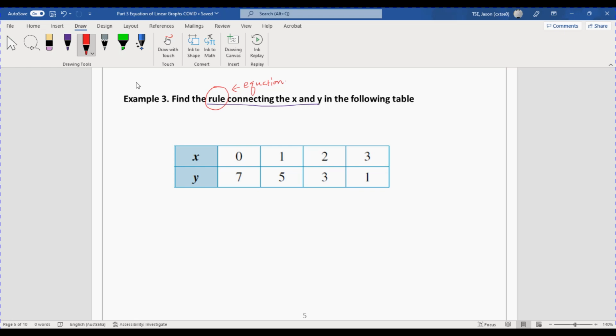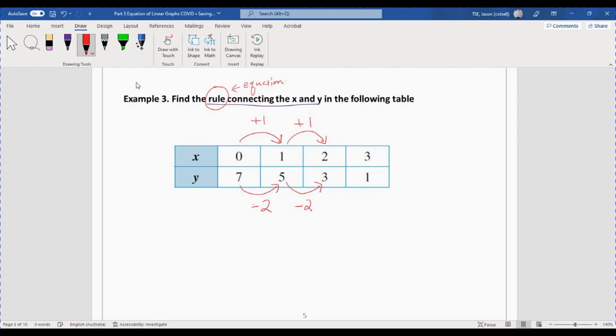First, you need to see the change in x versus the change in y. This time from 7 to 5, so it means a decrease, isn't it? Unlike the last example, that was increasing. So this one should be -2. Again, 5 to 3, you need to check.